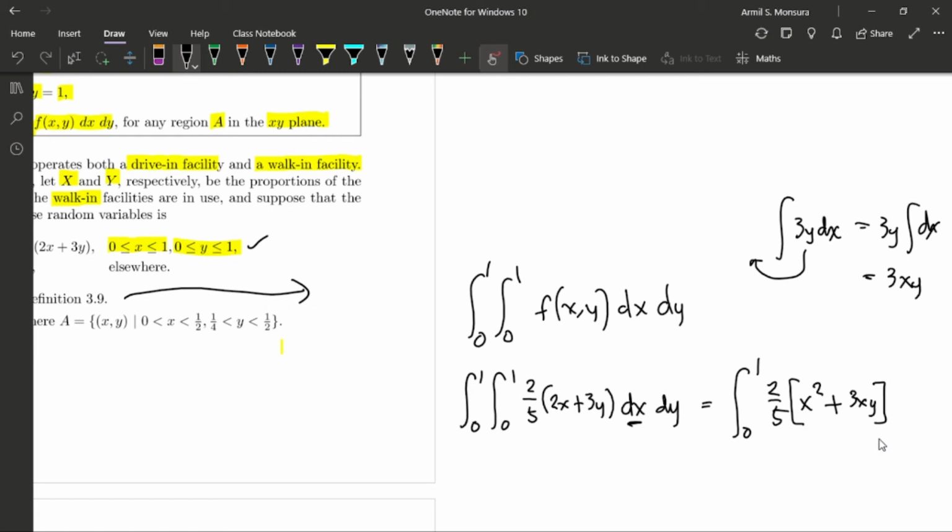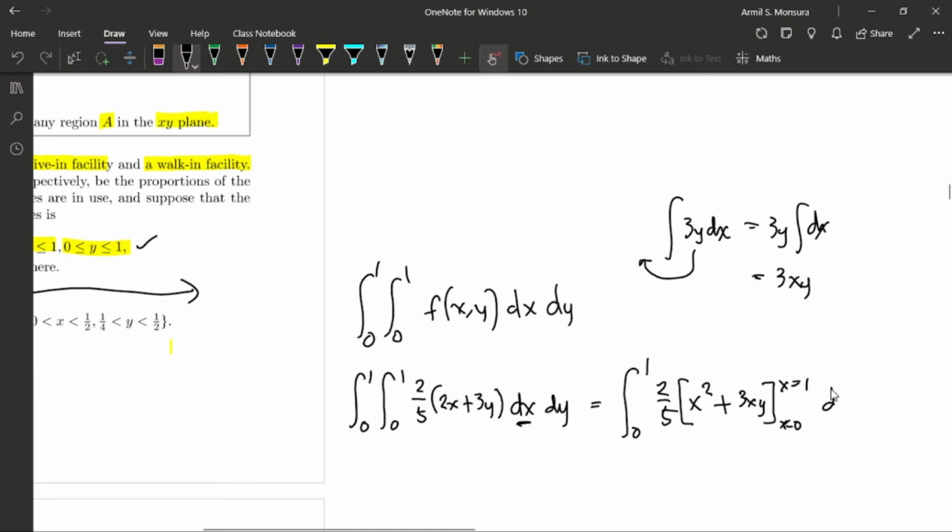And to be evaluated with the limits x equals 0 and x equals 1. Okay, again, ito nasa loob pa yan ng integral ng dy. Okay? So here we will have x squared, or 1 squared minus 0 squared, so that is 1.